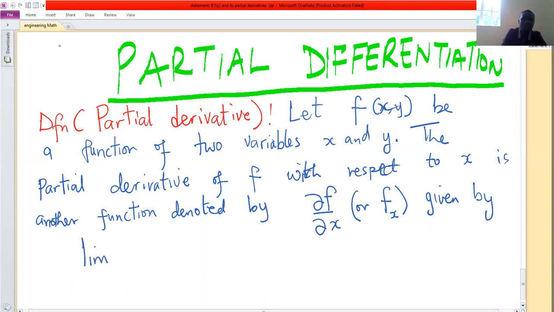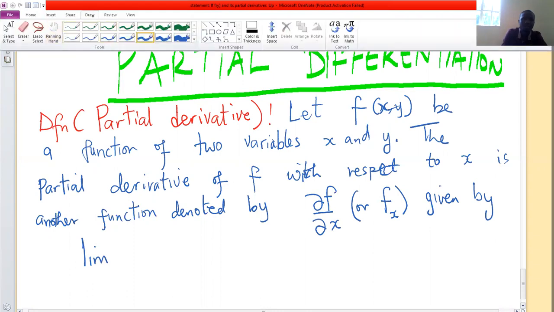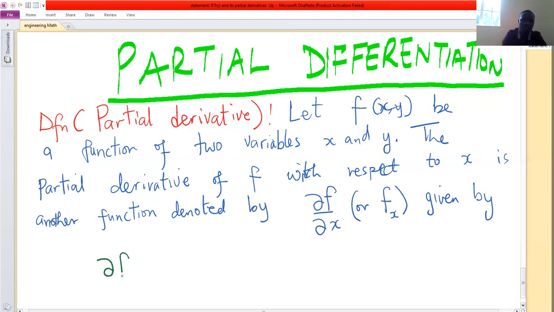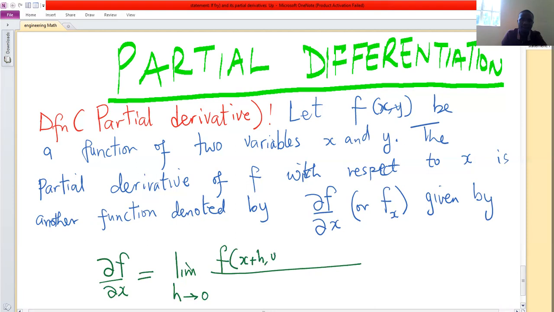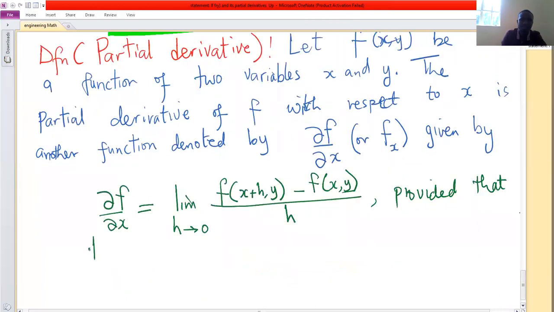limit. So partial f partial x is given by limit as h approaches 0 of f of x plus h comma y minus f of x comma y divided by h, provided that this limit exists.